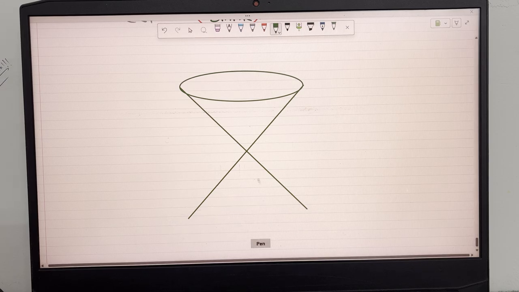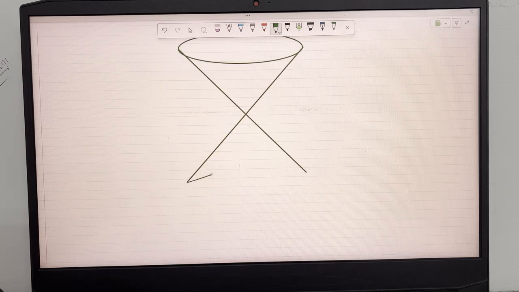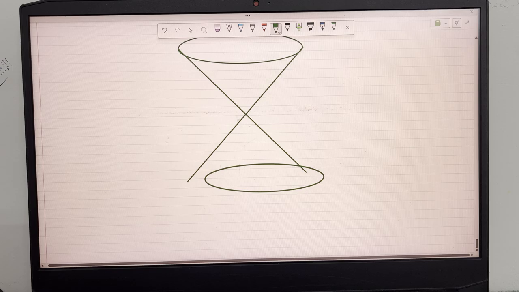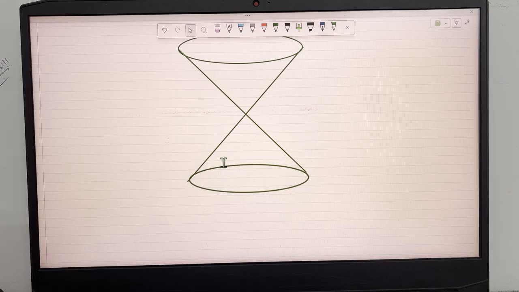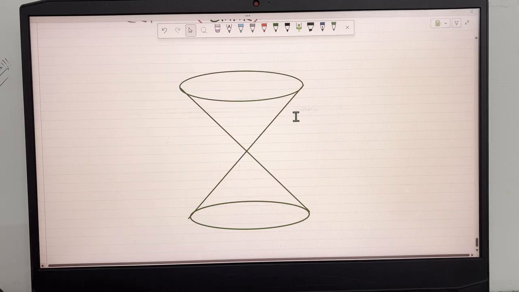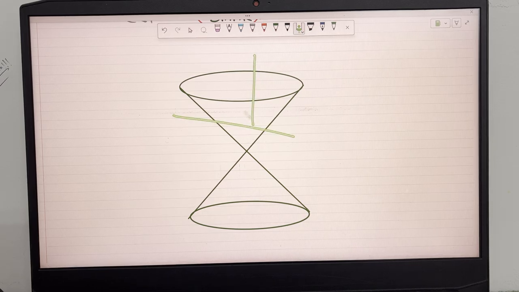Okay, let me draw this very neatly. There is something called a space cone. What will happen if this space cone is cut by any plane? This is called a space cone.